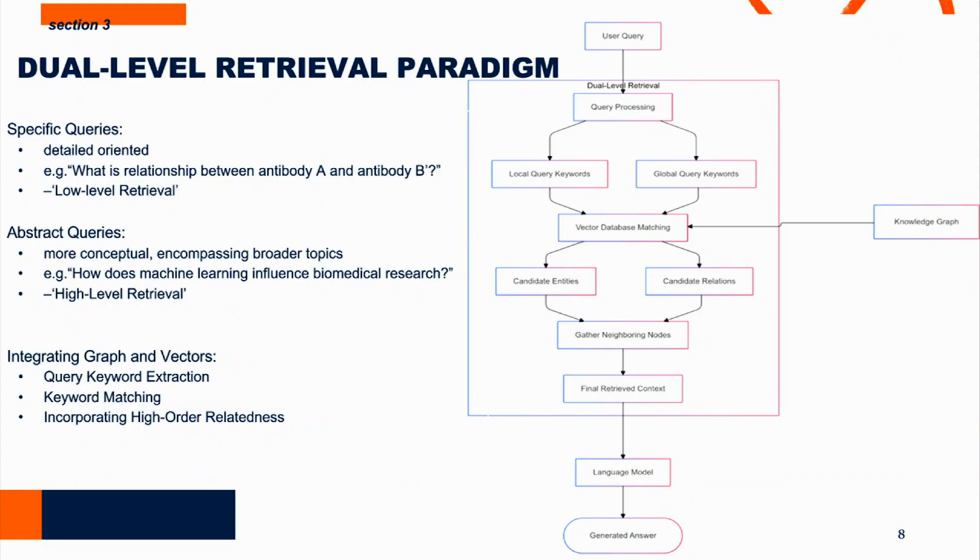Then gathering the one-hop subgraph with the additional layer of context, this will be combined into the final retrieved context, and we give it to the language model to generate the final answers.